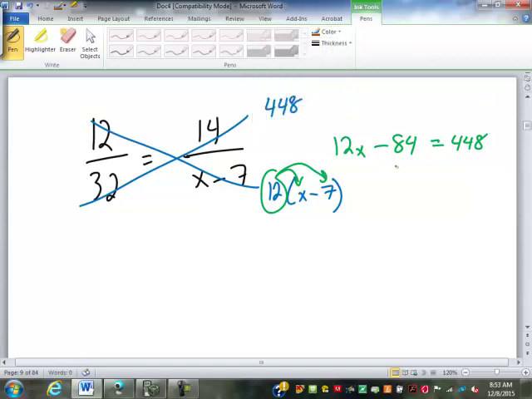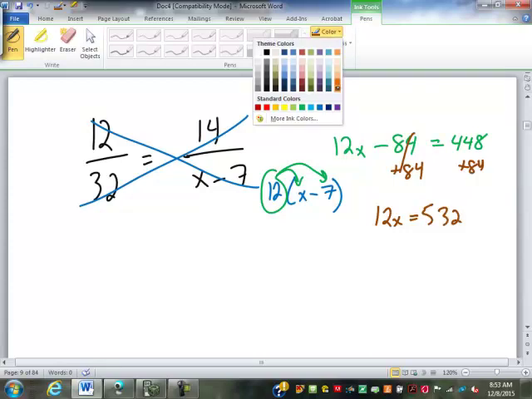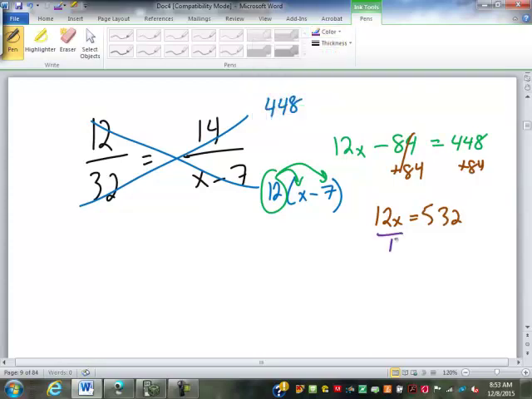Then what? We'll add 84. 12x equals 532. And then divide by 12, x equals, anybody? Four and 1/3.